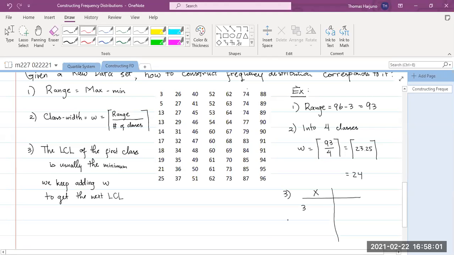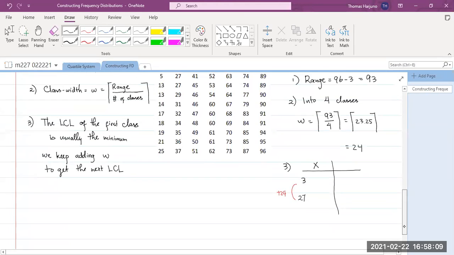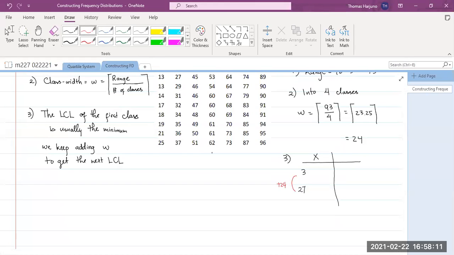So I add 24 to get the next lower class limit, which is 27. Add 24 again to get the next lower class limit, which is 51. I add the class width again, the 24 that we computed in step 2, to get the next lower class limit.